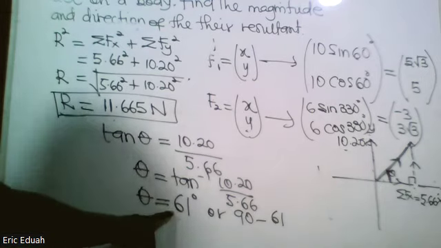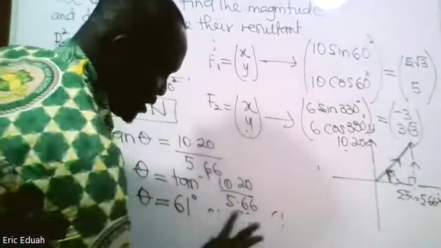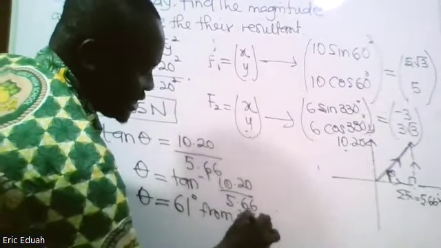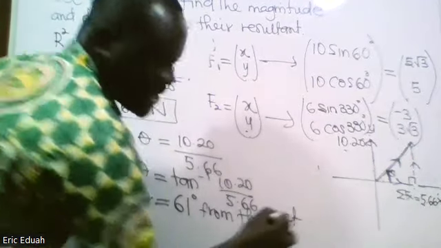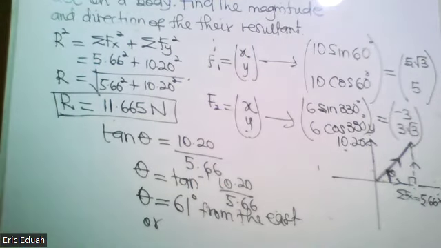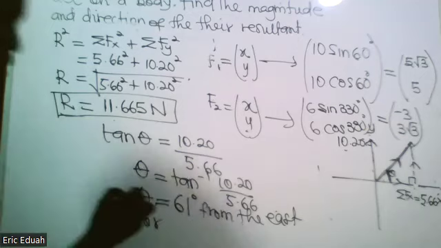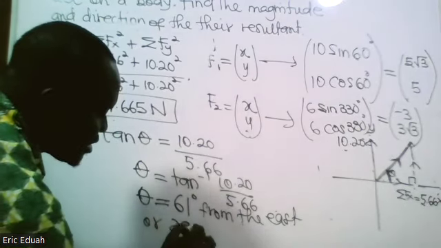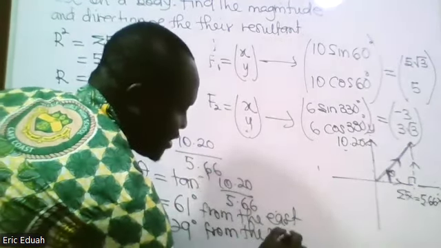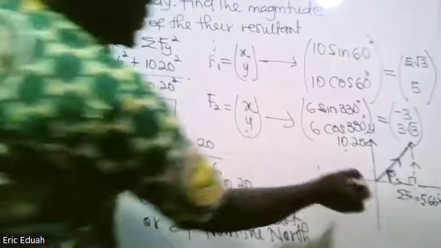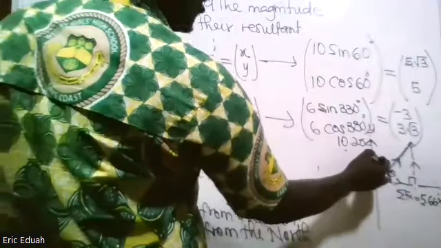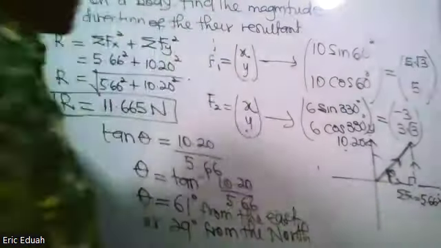So 61 degrees from the east or x-axis, or 29 degrees from the north. The direction, either you take it from the east or x-axis anti-clockwise, or you take it from the north clockwise.